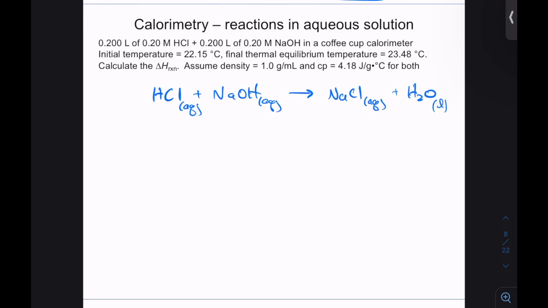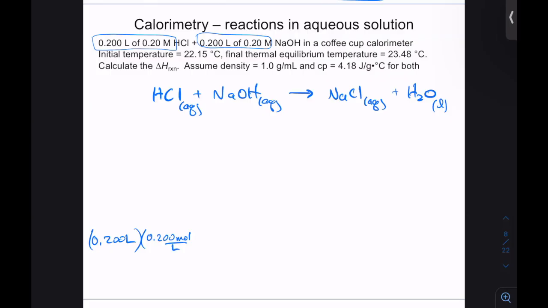Okay, so let's take a look at how many moles we actually have that we're working with. We're taking 0.2 liters of a 0.2 molar solution in each case. Okay, so I'm just going to put this down here. 0.200 liters. That's how much we're taking. And the concentration is 0.200 moles per liter.